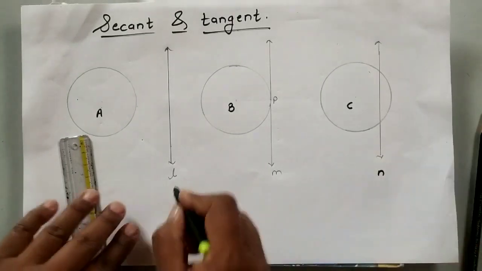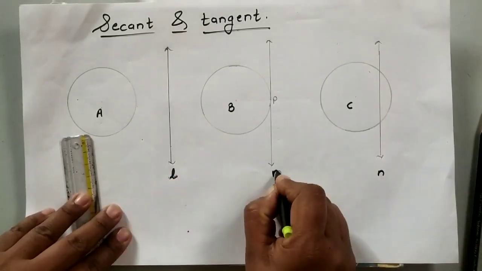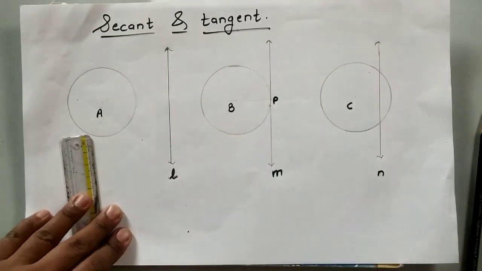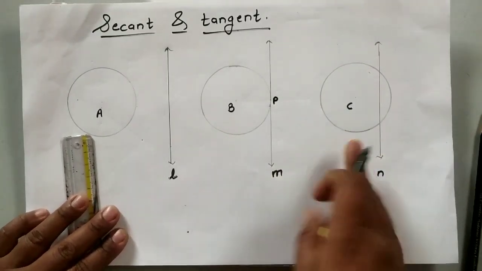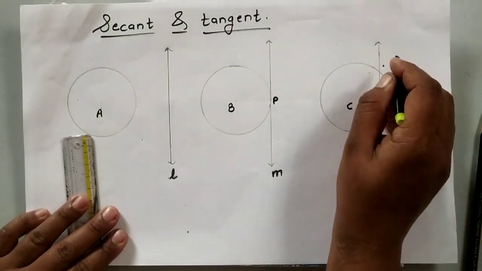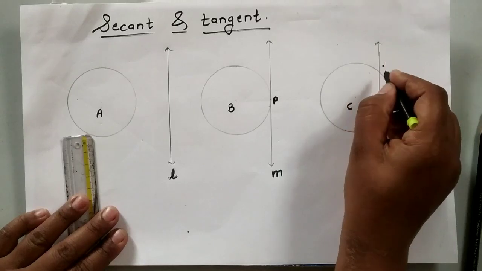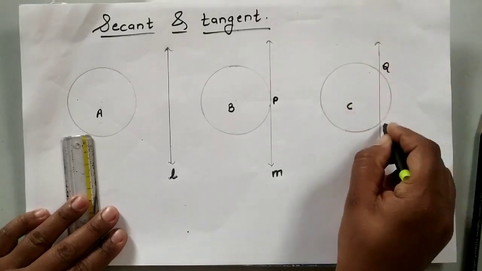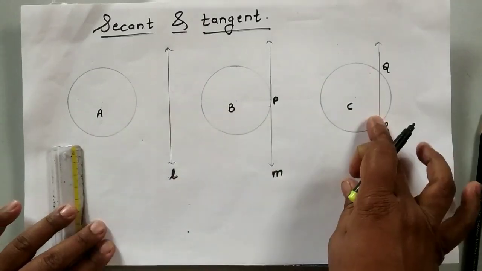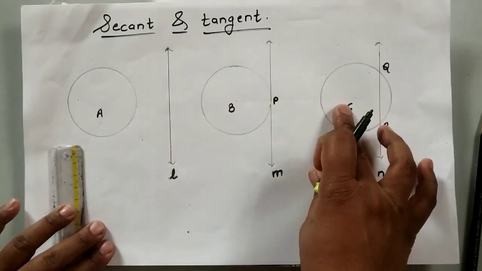This is line N, and this is the point of contact P. And in this figure, the line intersects the circle at two distinct points, Q and R. If you see these three figures, there is a difference.